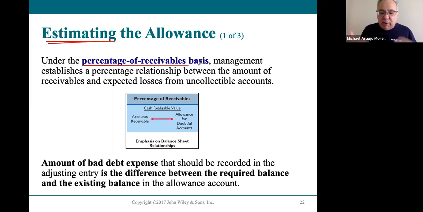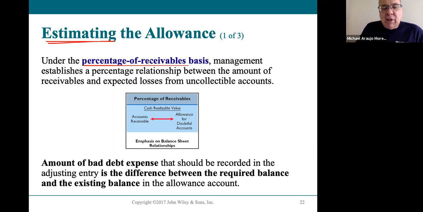So let's use 3% of receivables as our basis for estimating what the bad debt's going to be. Boom, there you got it. They have a track record of about 3% a year for the last 5 years or so. Using 3% is quite reasonable, and the accountants would give a nod of yes, that's a good idea.